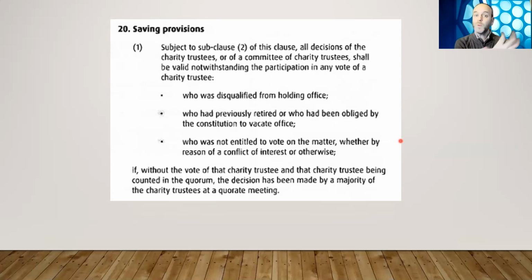Well, if that's the case, we've got these clauses called the saving provisions. What these mean in plain English is, if that trustee and the other trustees, when they met, all acted in good faith and good honesty and said, as far as we know, we're all still fine to act as trustees, and it's subsequently found out that that person shouldn't have been part of that meeting, their term in office had lapsed or we didn't realize, then it's okay.